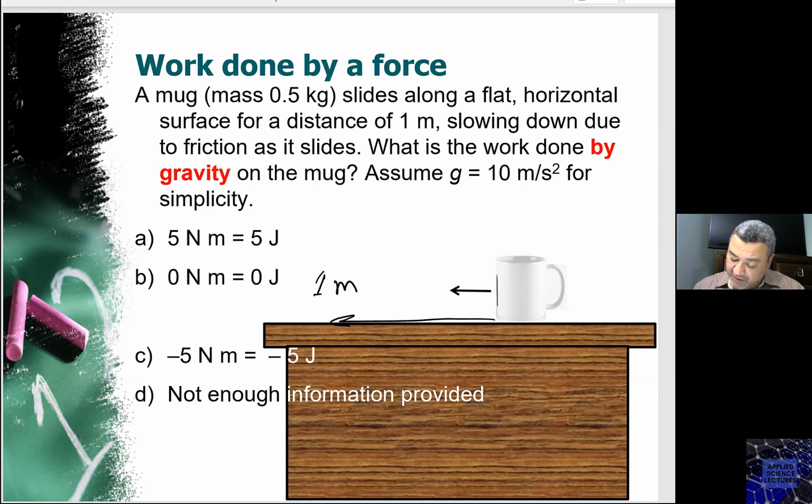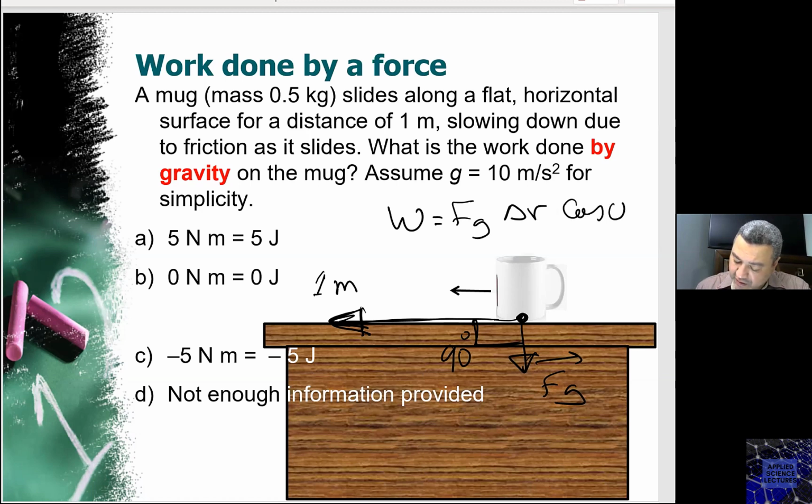Again, the gravitational force will be perpendicular on the displacement vector. This is going to result in 90 degrees, and that's why W equals Fg delta R cosine theta, theta 90 degrees, so W is 0.